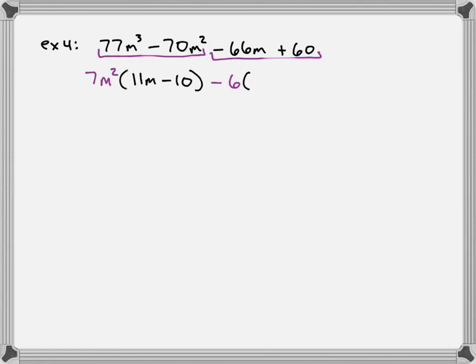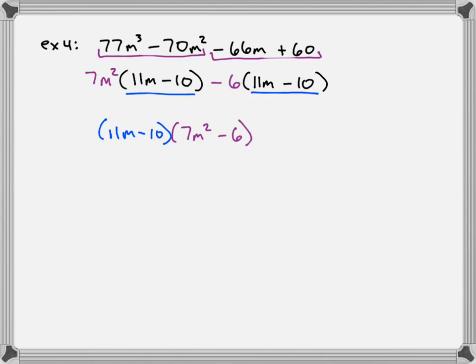And when we factor that out, we end up with an 11m minus 10, which is the same thing inside the parentheses. That becomes our new GCF that we can factor out, leaving us with the 11m minus 10 and the 7m squared minus 6.